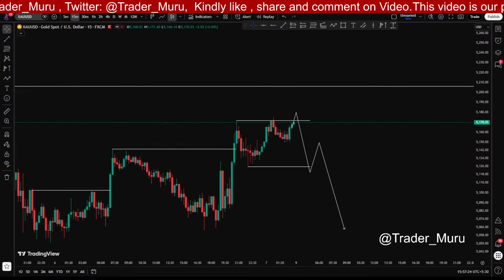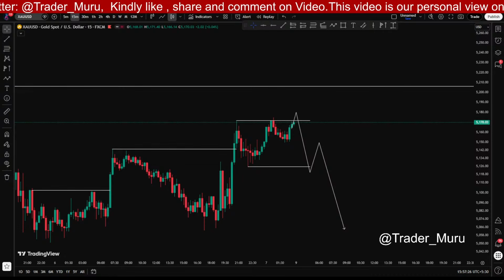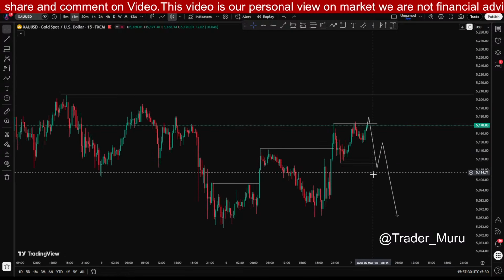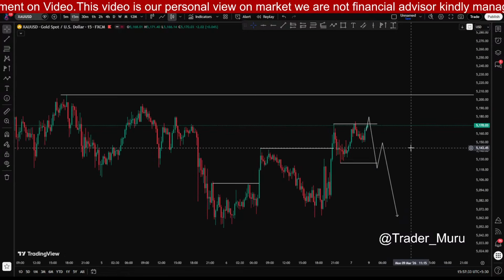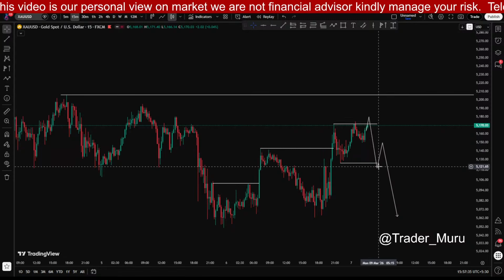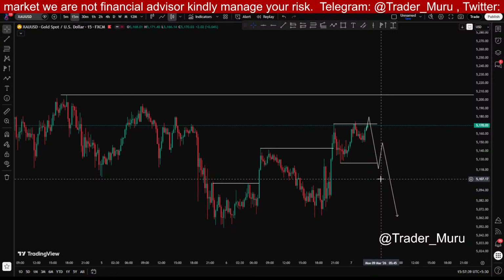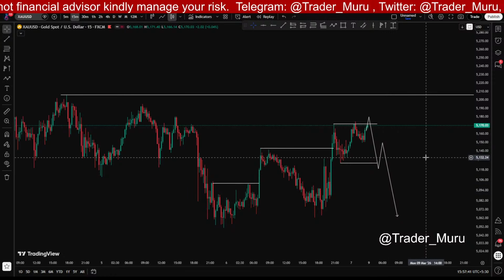So do you enter on the change of character or the retest of the top? I enter on the change of character and retest. Not on the change of character directly, I wait for the retest.